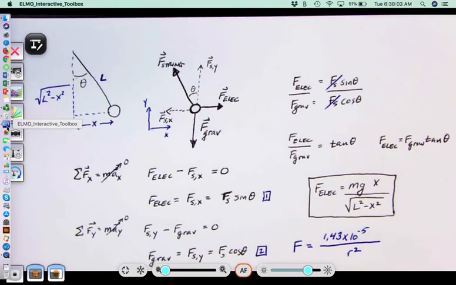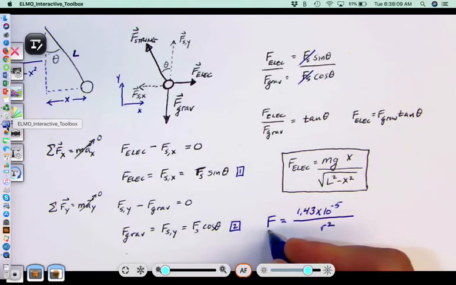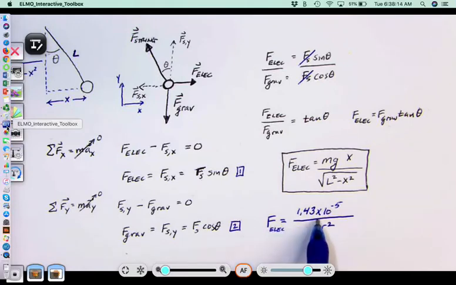So note that now we took our expression for electrical force and we solved for it, but now the model that LoggerPro is giving us for that relationship is that the electrical force equals 1.43 times 10 to the negative fifth over r squared. And the one piece we need is to ask ourselves, what would be the units of this 1.43?